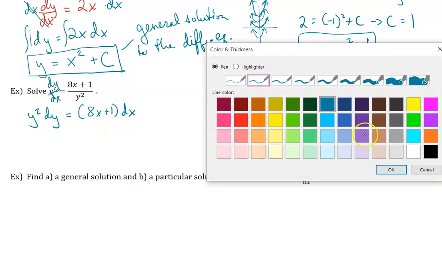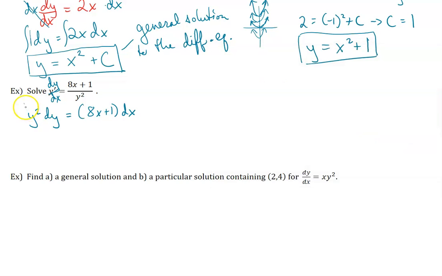Okay, so now we are going to apply an indefinite integral. The antiderivative of y squared with respect to y is 1/3 y cubed. Again, technically there's a plus c, but we don't need to write it on this side. Okay, and then the antiderivative of 8x plus 1 is 4x squared, power rule, add 1 to the exponent, divide by the new exponent, plus x plus c.